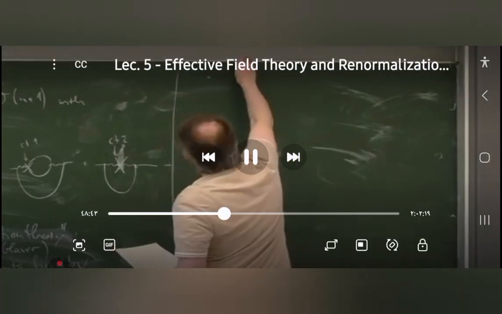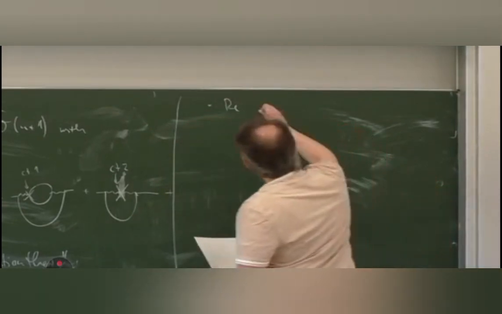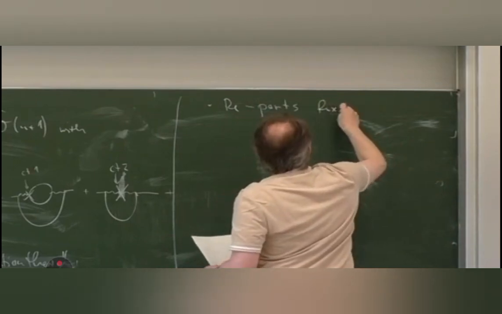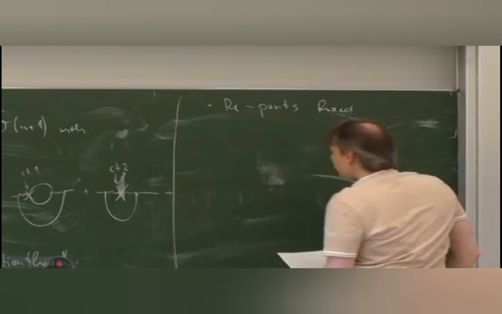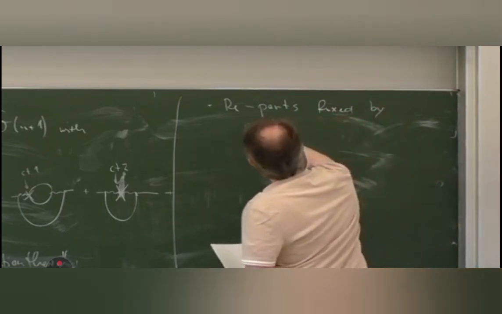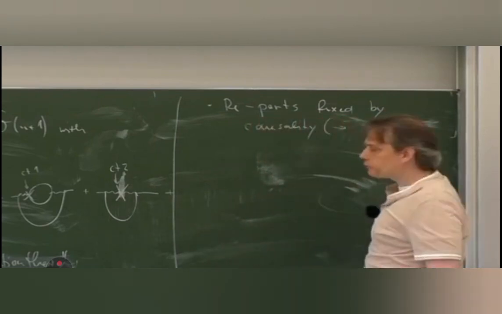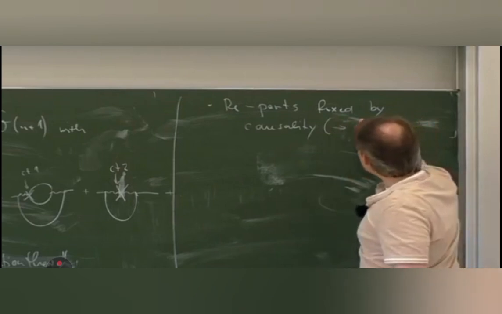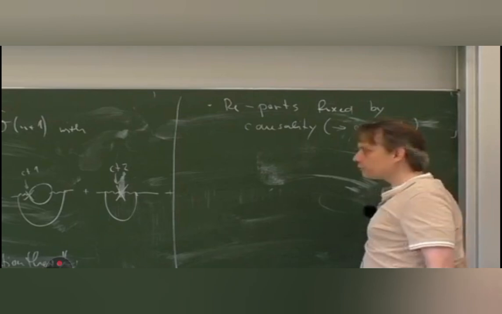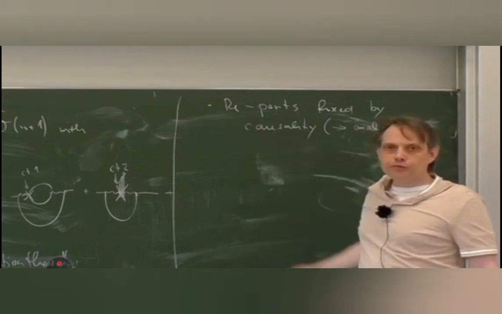How about the real parts? The real parts are also to a large extent fixed by physics. The real parts are fixed, and that gives the name to the approach, namely they are fixed by causality. Causality, you can prove, gives rise to analyticity of the Green functions, which are determined by Feynman diagrams, in a very specific way.